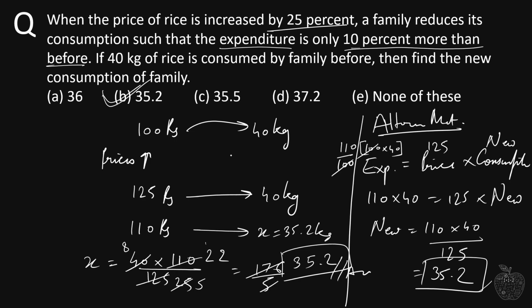So no matter which way you solve the question, you can either use the unitary method, or you can use this method where we use the formula, expenditure is equal to price into consumption. Both will give you the same answer.